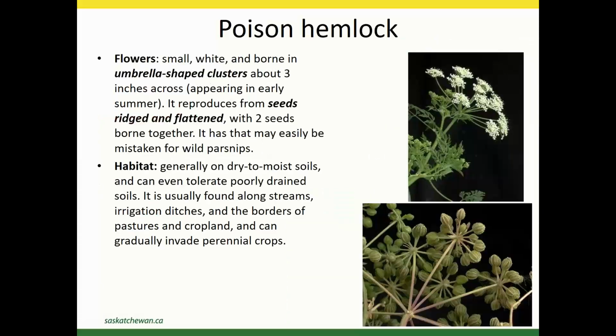Flowers are small and white, and they're borne in umbrella-shaped clusters about 3 inches across at the top of the plant. It reproduces only from seed. Seeds are ridged and flattened, and generally you have 2 seeds borne together on the plant. You can mistake it for wild parsnip.